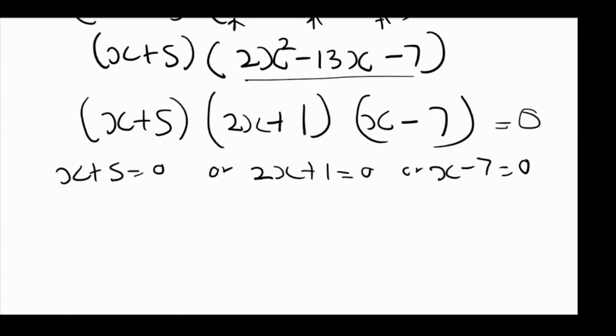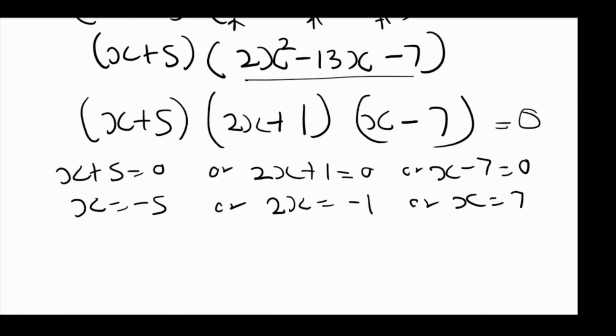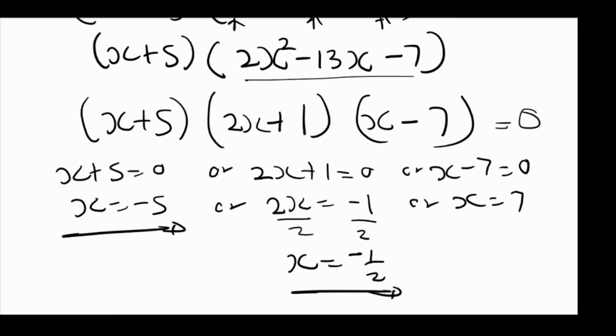Remember, we want to find the coordinates of b and c. So here it's going to be x equals minus 5, or here it's going to be 2x equals minus 1, or x equals 7. So here we're just going to divide by 2 both sides, so it's going to be x equals minus 1 over 2. So these are your solutions of x, right?